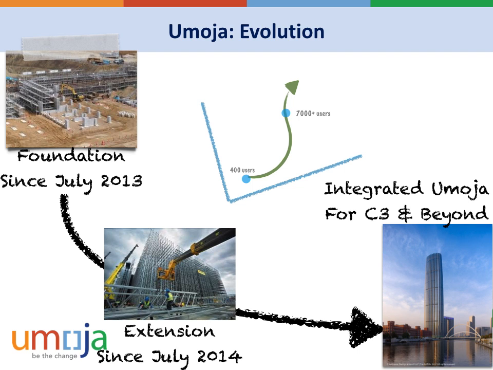This brings us to an interesting point in our journey, as this will be the first time we are implementing an integrated Umoja solution, which means the issues, the problems, the questions and concerns might be very unique and distinct to you.